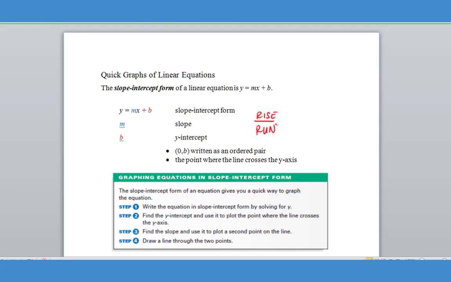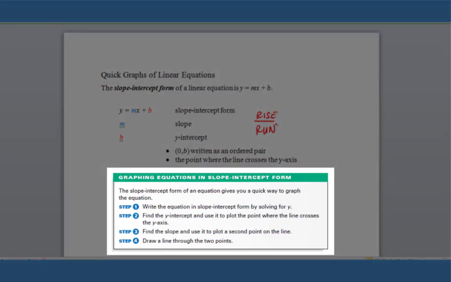First things first, no matter what form we get the equation in, we need to write it in slope-intercept form. That's the first step. Then we need a starting place, and the starting place is always going to be our y-intercept. Keep in mind that our y-intercept is always written as 0 and then whatever number represents b. It is the place where it crosses the y-axis.